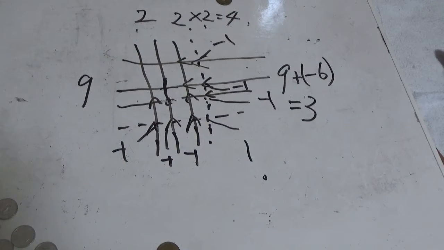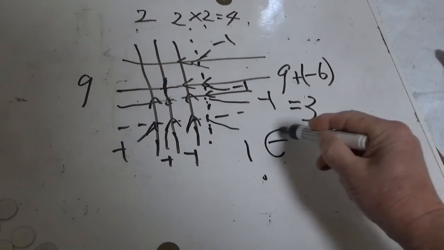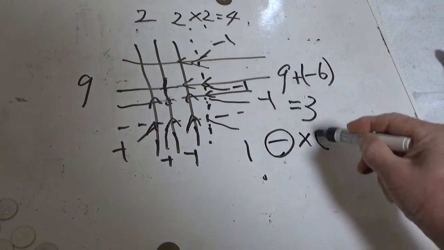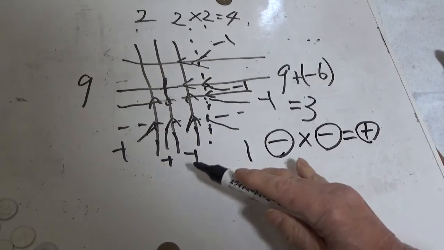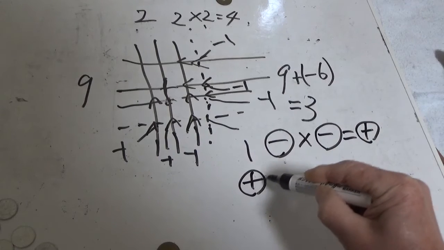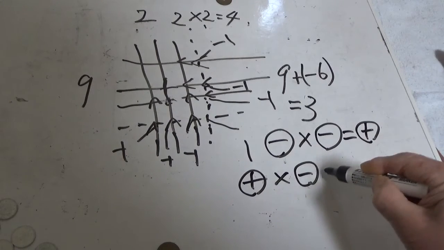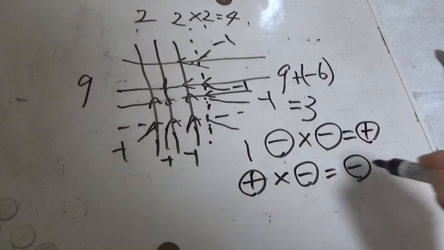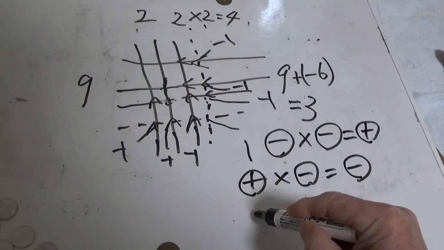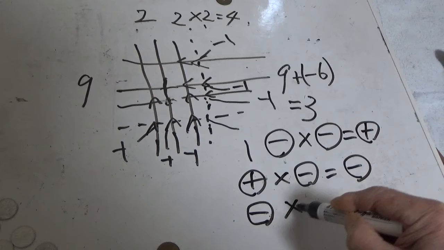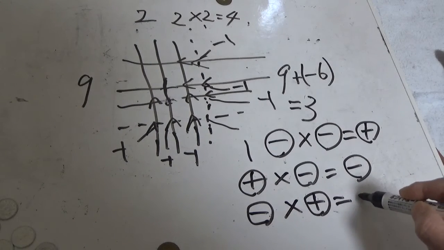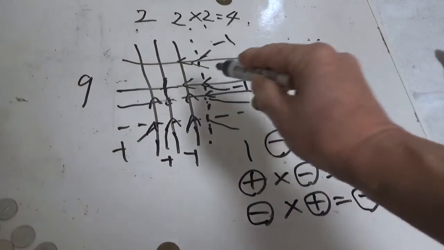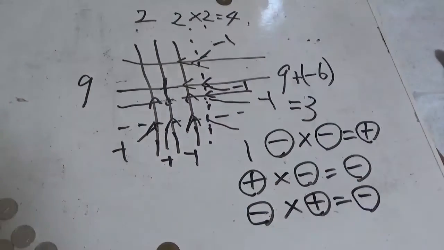That is, negative times negative equals plus. Positive times negative equals negative. Negative multiplied by positive equals negative. That is shown here. Thank you for listening.